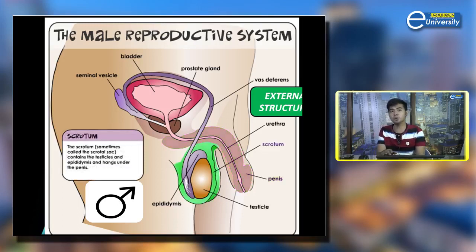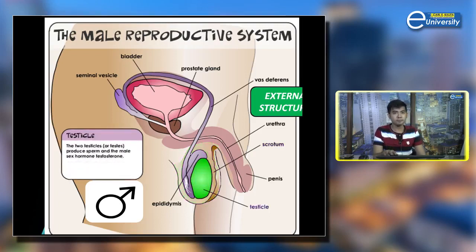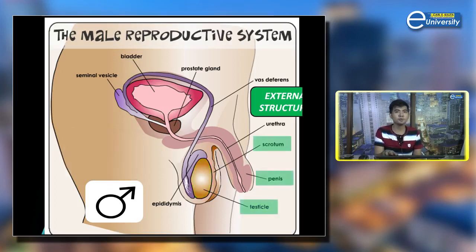We also have the scrotum. The scrotum, also called the scrotal sac, contains the testicles and epididymis and hangs under the penis. We have the testicles. These are two testicles or testes, which produce sperm and make sex hormones called testosterone.